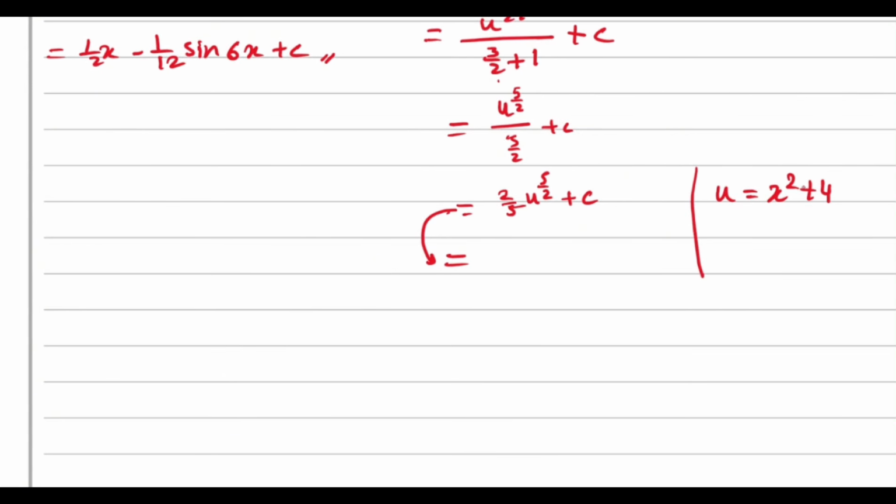So we now have to resubstitute, kind of back substituting. So we will resubstitute the value of the expression for u. So (x squared plus 4) to the power of 5/2 plus c. This is our answer, our final answer for part 2.